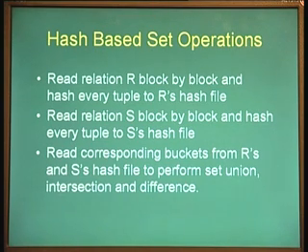Similarly, if we want to perform intersection, we just examine corresponding buckets, that is bucket i of R and bucket i of S, and then return only the common elements. And the same thing for set difference. So that is quite straightforward.